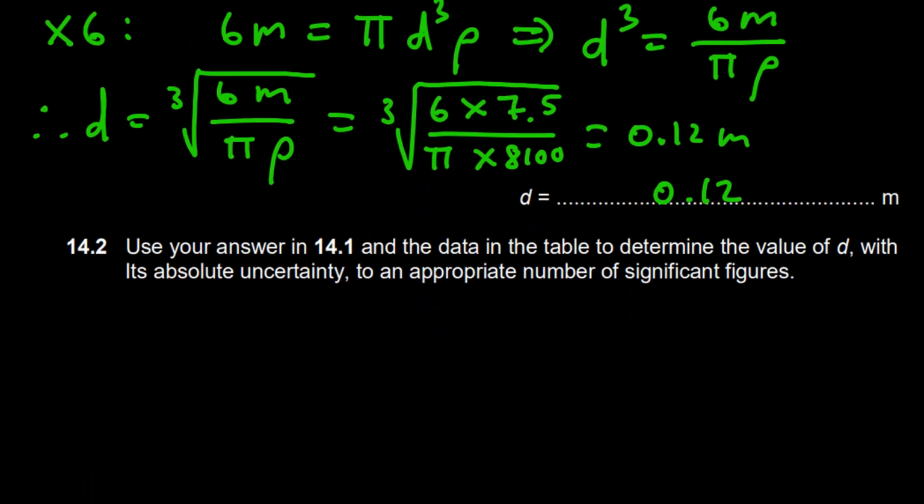And if you look at this equation for finding d, we are dividing m by rho. The rule says that when we divide quantities, we combine the uncertainties by adding the percentage uncertainties. So before we can find the absolute uncertainty of d, we first have to find the percentage uncertainty.